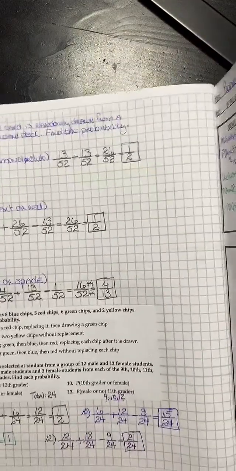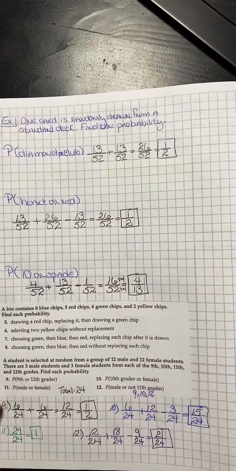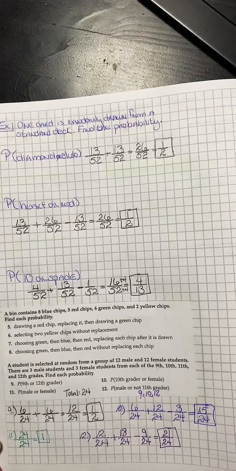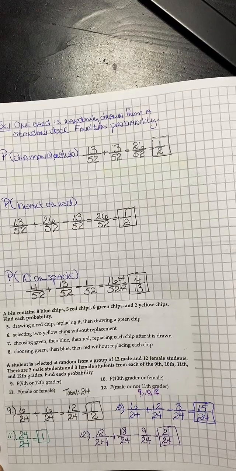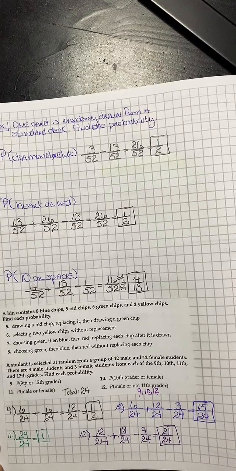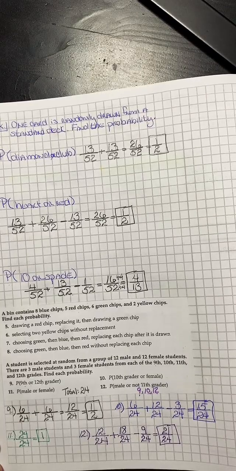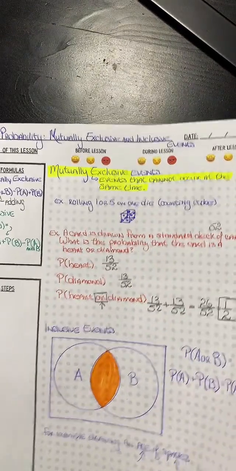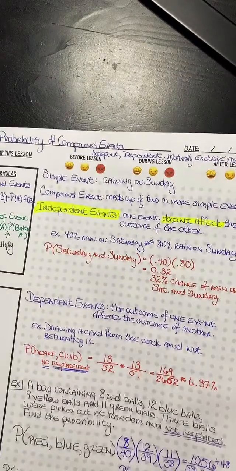Okay, going to the other side. All right. And I will be taking that down in 5, 4, 3, 2, 1. There you go. All right. So, okay, so we got that part down.